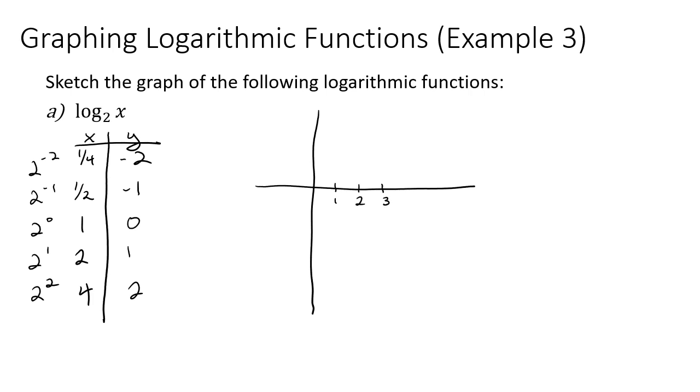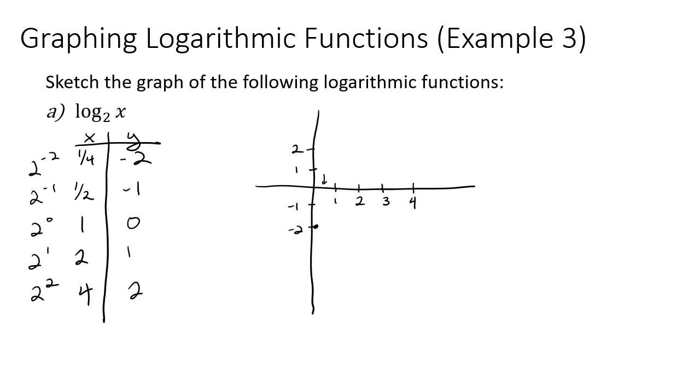So our x values go out to 4. And our y values are from negative 2 to positive 2. So at an x of 1/4, a quarter of the way to 1, we're down at negative 2.